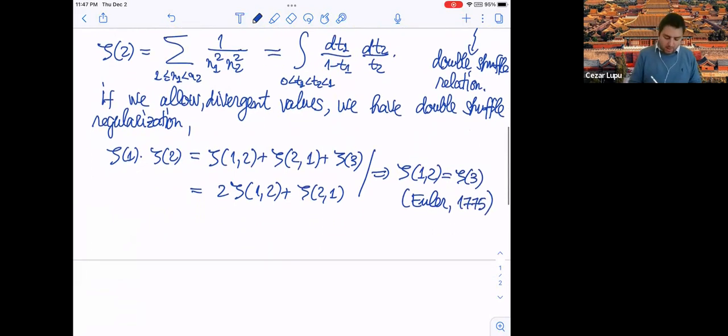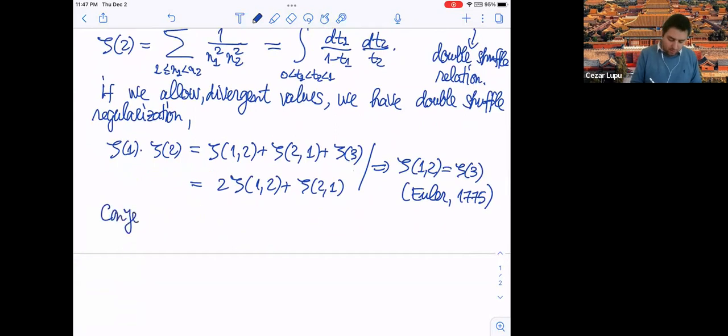And of course, we said last time that the conjecture, the Folkvord conjecture, was that these relations are enough. So the regularized double shuffle relations are enough to characterize all Q-linear relations among the multiple zeta values.